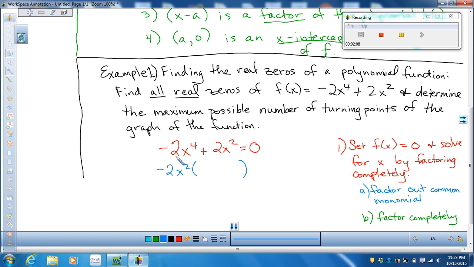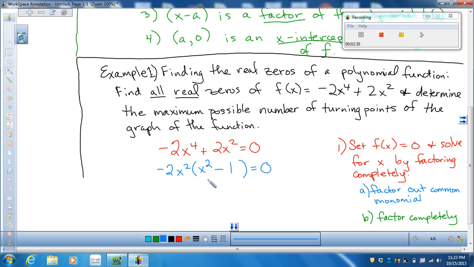If we take negative 2x to the fourth and divide by negative 2x squared, we get x squared. 2x squared divided by negative 2x squared leaves us with a negative 1. So I've factored out a negative 2x squared, and I have negative 2x squared times x squared minus 1 equals 0.